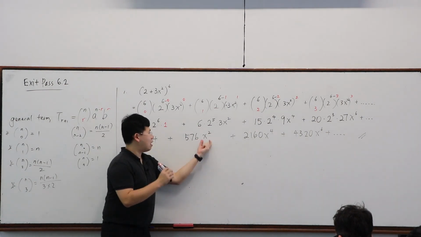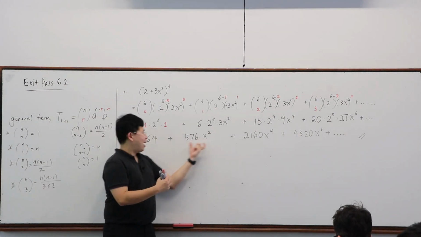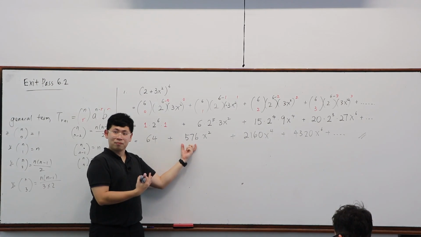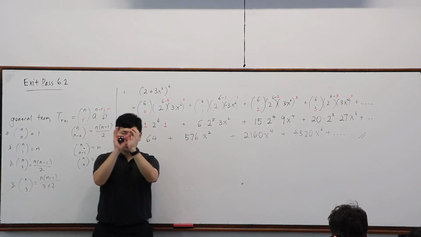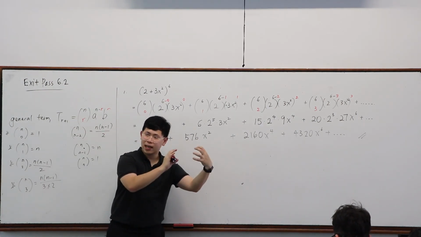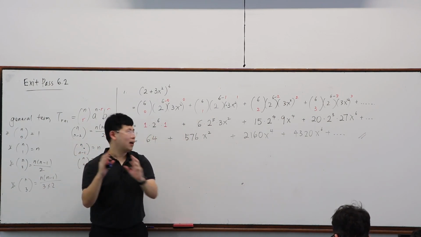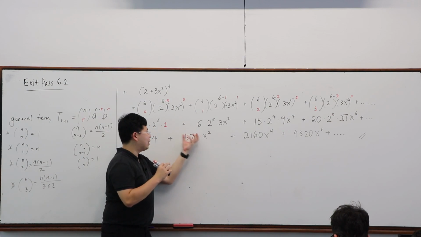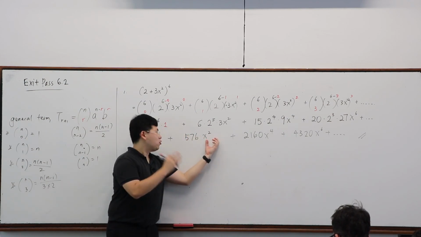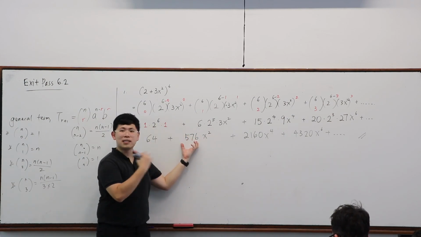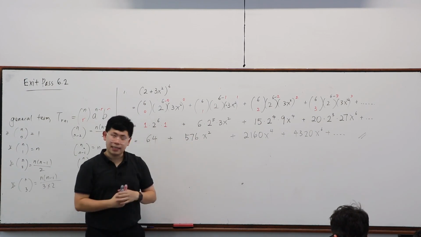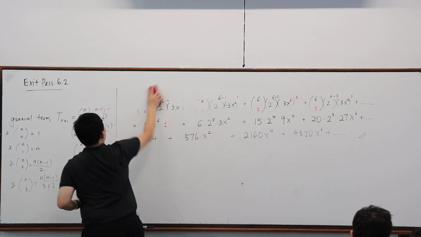The term must have some x and then some coefficient. Your job is to separate out the x's to one side and all the coefficients to one side. One more time: you gather all the x on one side and all the coefficients on the other side of the term to make things easy. Okay, so I show you in question 2.